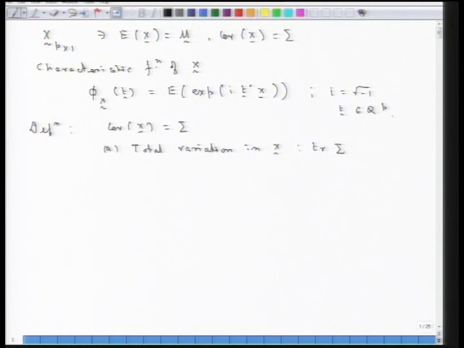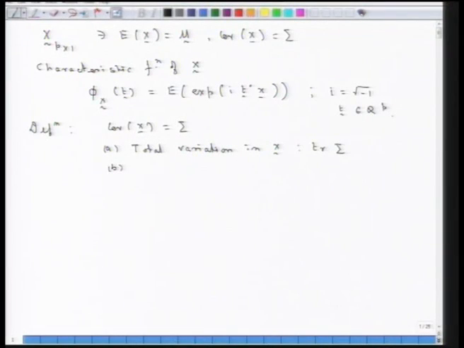It condenses the information in the covariance matrix into a single quantity. The second quantity of interest is the generalized variance of this random vector x, given by the determinant of sigma.